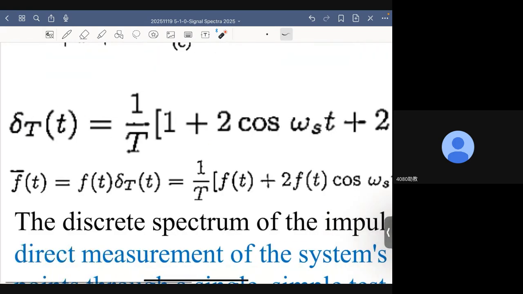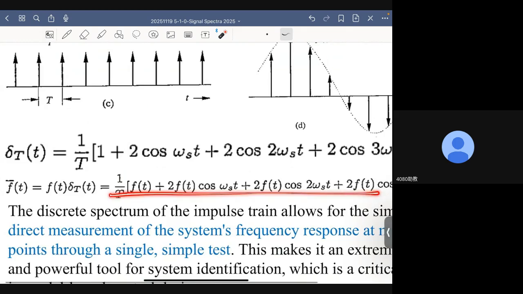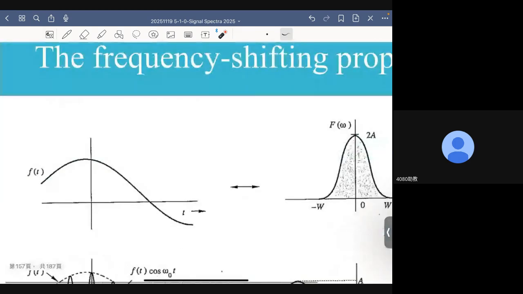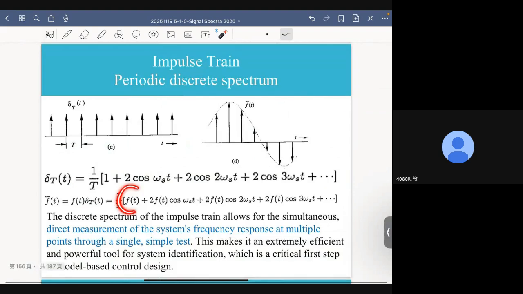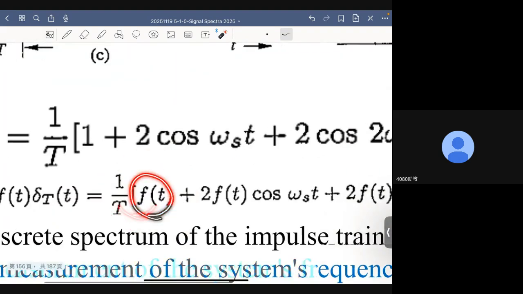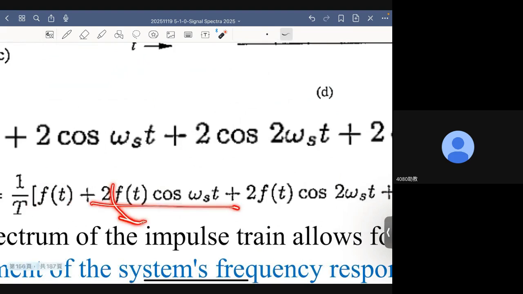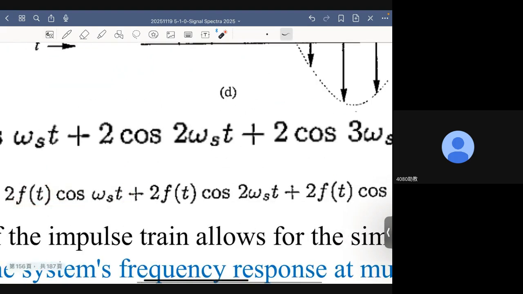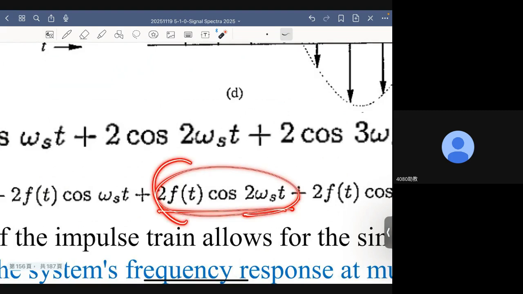Now, if I multiply the original signal with the impulse stream, this is what I have, right? This is the original signal times a sinusoidal signal with a frequency of omega s. And this is the product of the original signal and cosine 2 omega s t, okay?